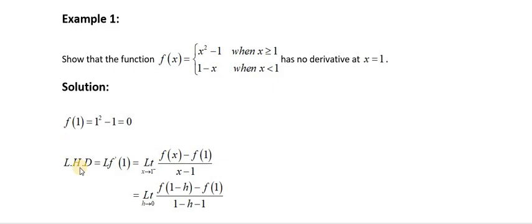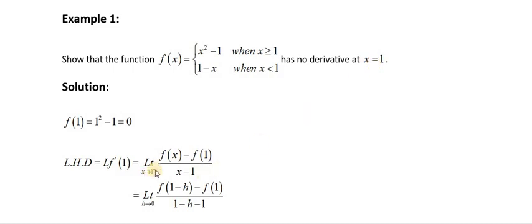Now we are going to find left hand derivative, that is LHD. LHD is denoted by L f dash of 1. The formula for LHD is limit x tends to 1 minus. Why I am taking here 1 means we want to check the differentiability at x equal to 1.